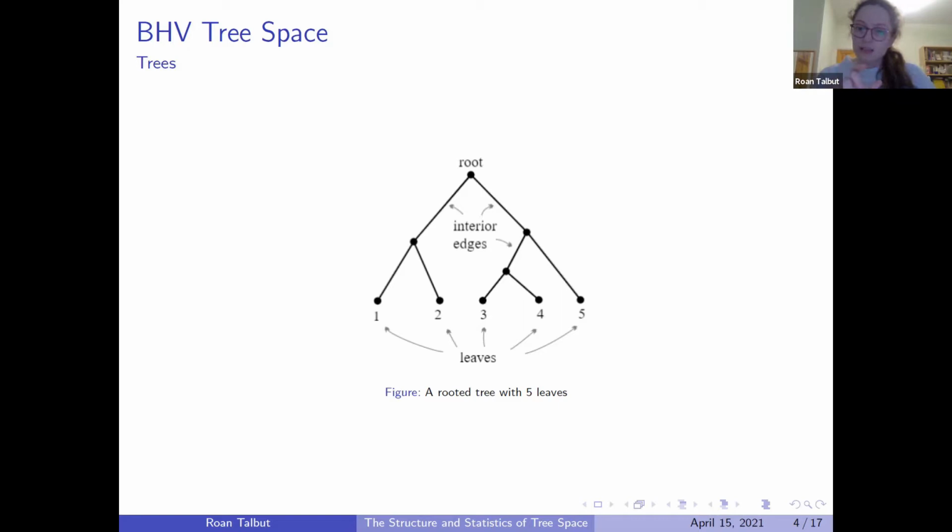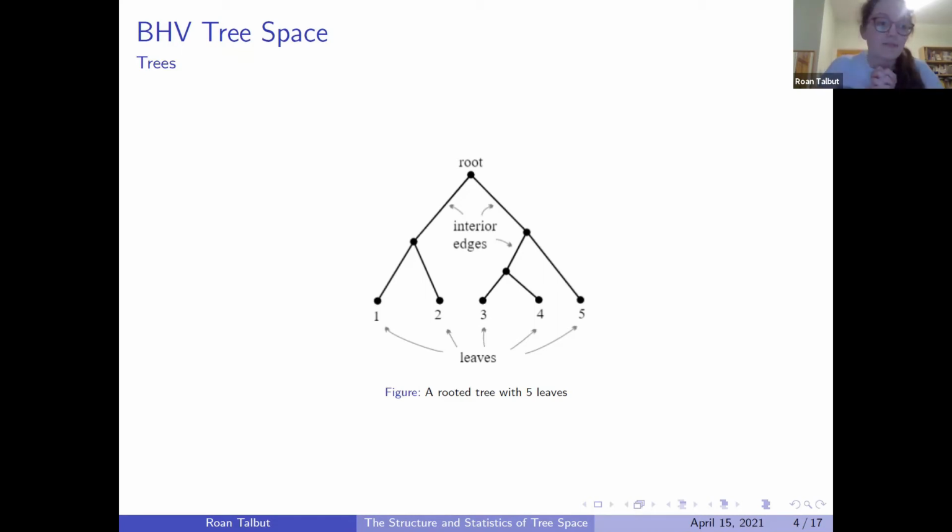Of course, the symmetry of the tree doesn't matter, in the sense that we can swap 1 and 2, and that makes no difference from an evolutionary perspective. That's meaningless, so we don't want our space to be sensitive to those symmetries. And then finally, we are only particularly interested in the lengths of our interior edges. So we are considering trees with specific edge lengths, but we're not going to worry so much about the exterior edges.